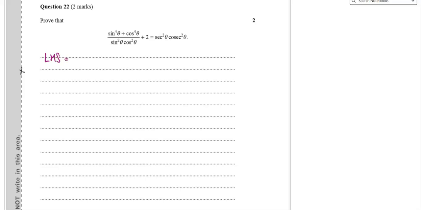So the left-hand side, initially I'm just going to rewrite it as it is. And now I'm going to establish a common denominator. So all of that over sine squared cos squared.